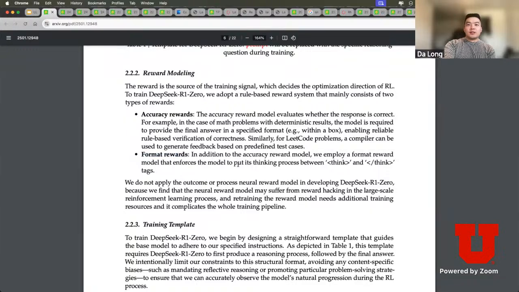It means they need the model to put the thinking process between two tokens, and also output a final answer based on the thoughts. So the model has to follow this format. They create two kinds of rewards, but it's not neural net based, it's just rule based.